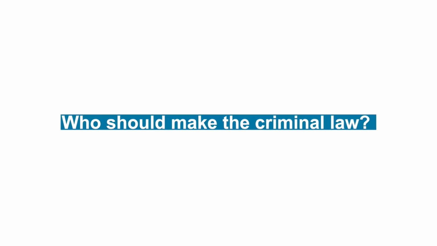For example, consider a really basic question. Who should make the criminal law? That is, should criminal law rules be developed by judges, most of whom are unelected, in the context of individual cases and judicial opinions? Or is it better for criminal law rules to be made by our democratically elected representatives, who can study criminal policy problems in hearings and then try to solve them through general legislation?